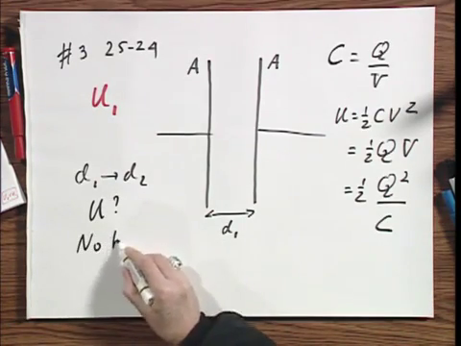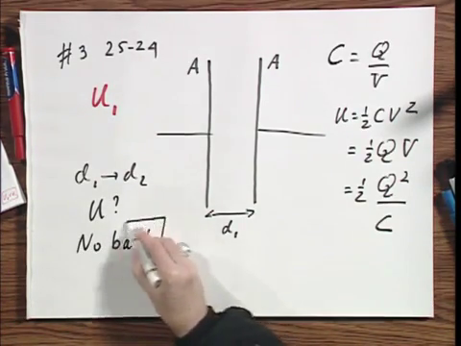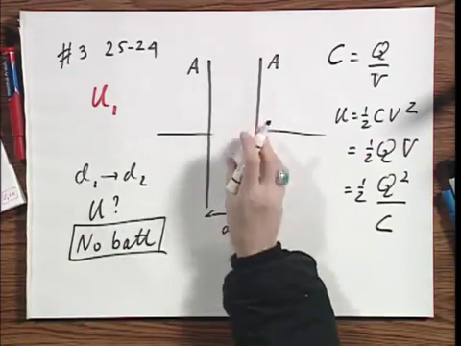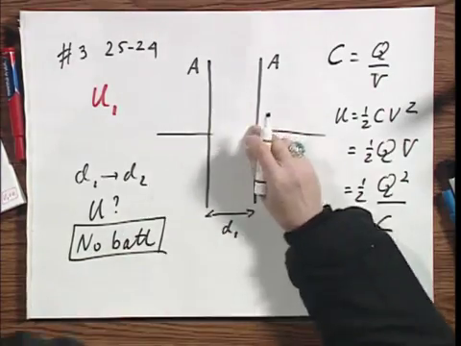And it is essential that you realize as we squeeze this together, there is no battery. Well, if there is no battery, there is only one thing that cannot change, and that is the charge on the capacitor. No way, that charge is captured, so to speak, on the plates, so no matter how you move it, that cannot change.